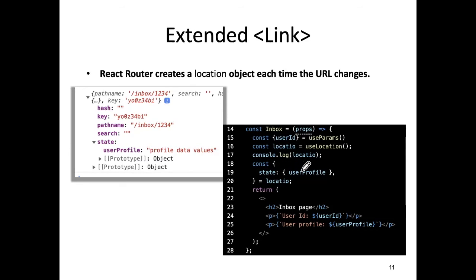Dig out the key called userProfile within that nested object, declare a variable called userProfile, and assign it the value assigned to that property, which in my case is going to be this string over here. And then I can do whatever I want with that value. So the useLocation hook is how you get at the data that was included in the hyperlink.